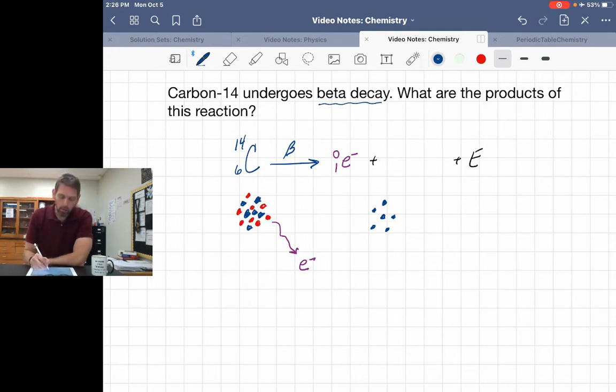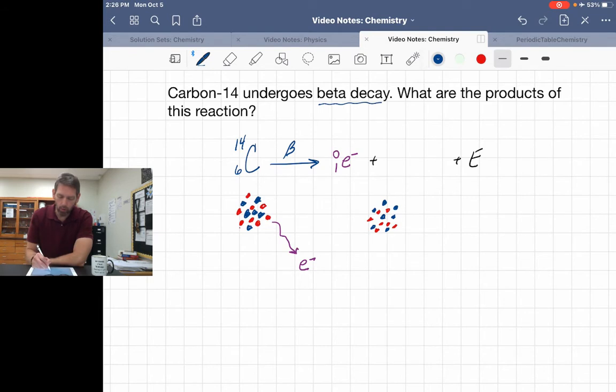So now, let me draw this out for you. So we've got 1, 2, 3, 4, 5, 6, 7, 8. But one of those, we'll just go with the last one, breaks apart and becomes a proton.